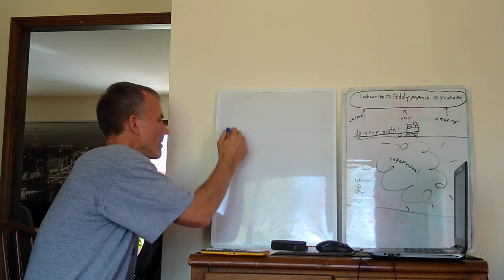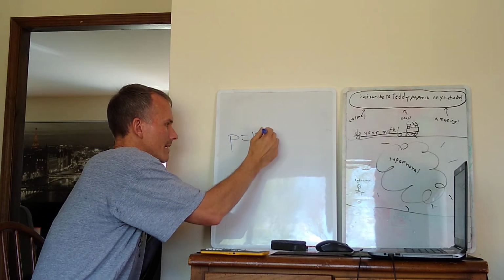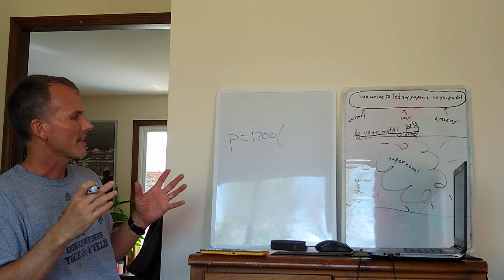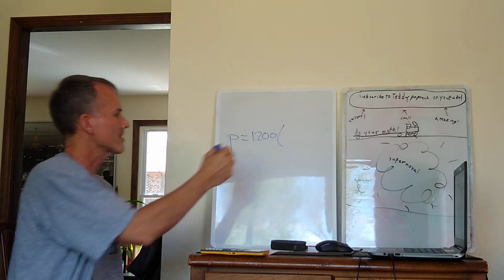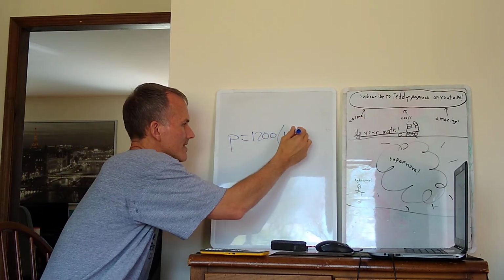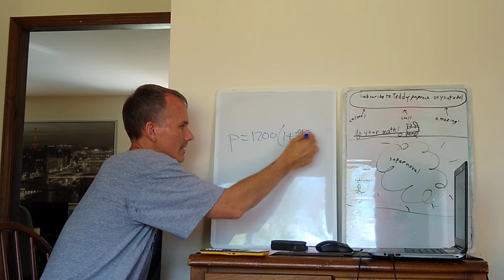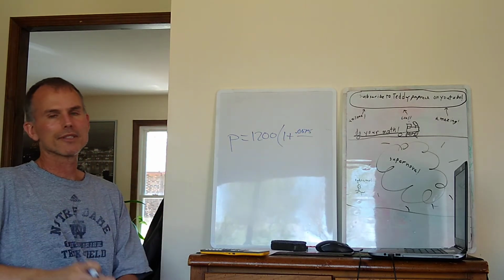So the final amount is going to be your initial amount, $1,200, times 1 plus the interest rate, 0.0675, divided by the number of periods per year.